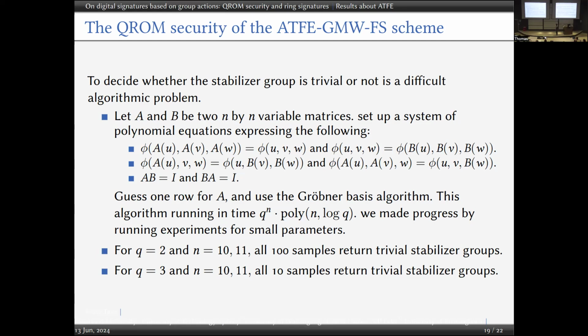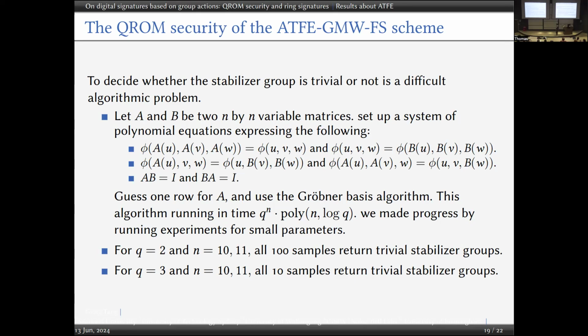Also, we have some homogeneous equations: AB equals identity, BA equals identity. If we directly use Gröbner basis, it is very, very expensive, so we use the hybrid Gröbner basis. That is, we guess one row or one column of A. So the total cost is q to the n times polynomial, where q to the n comes from the guessing cost.